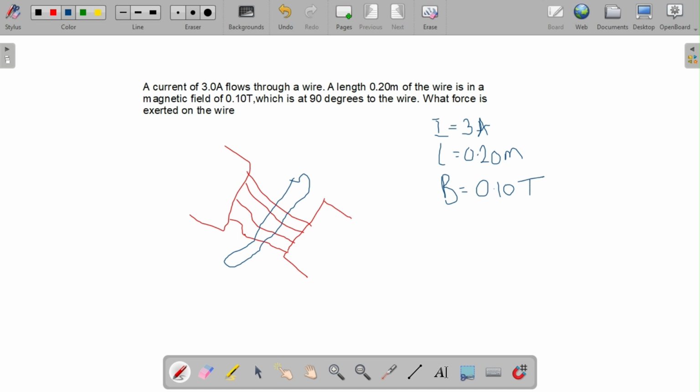Now, because this is perpendicular, I'll be using F equals BIL sine 90.